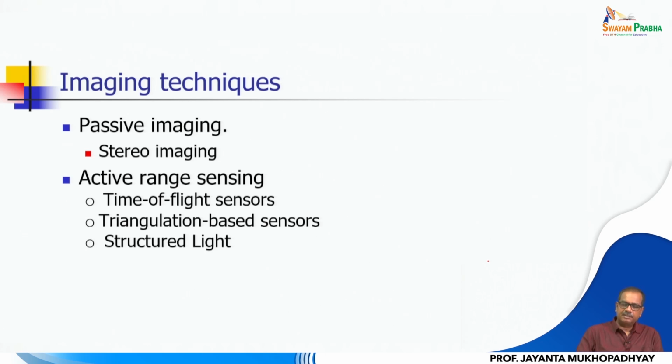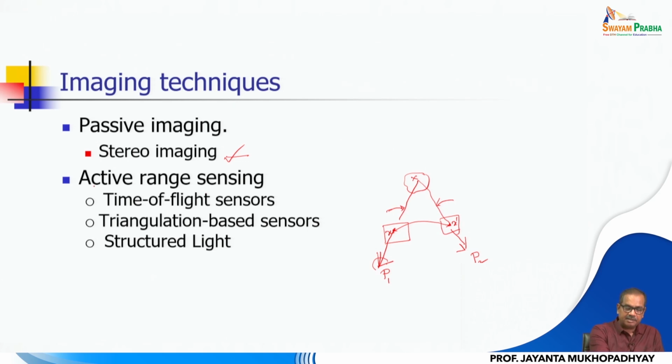For example, stereo imaging, which we have discussed earlier, is one such technique by which you can capture the 3-dimensional location of a point and sense the depth in that way.